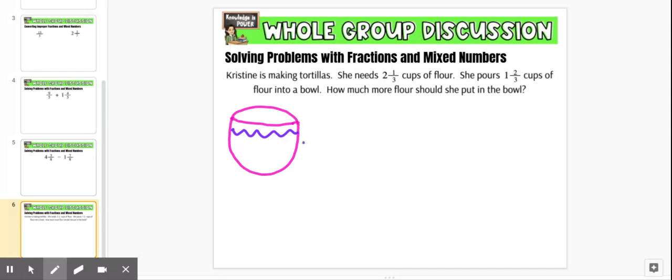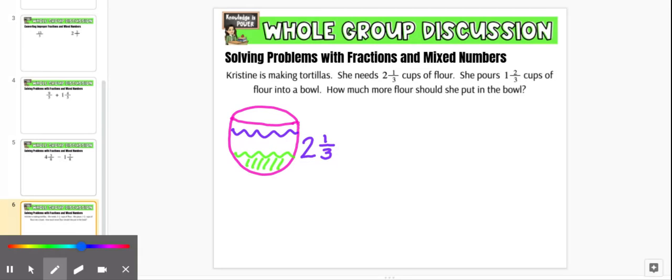So, okay, I need this much flour. She pours 1 2/3 cup into the bowl already. So how much more does she need?